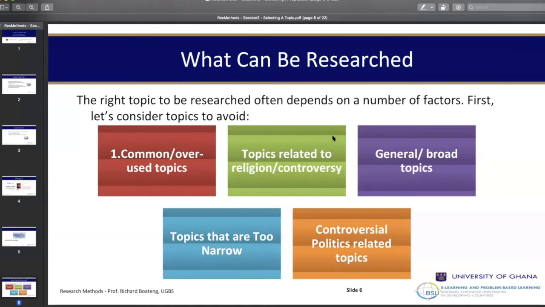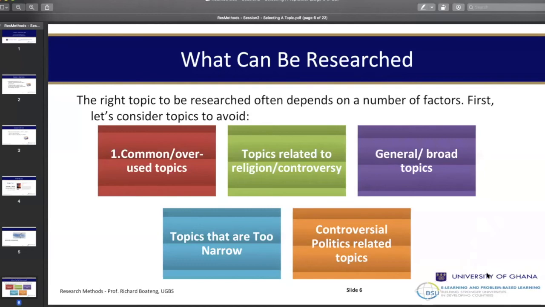And somebody will say, Prof, what is a common topic? When you Google it, or you search for it on scholar.google.com, which is one of the platforms that students and all of us use for our research work, you realize that you may end up having so many outputs.